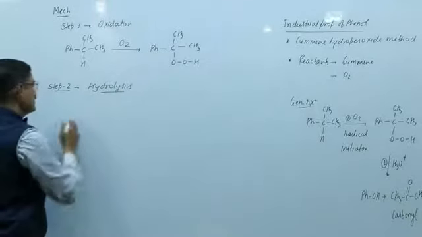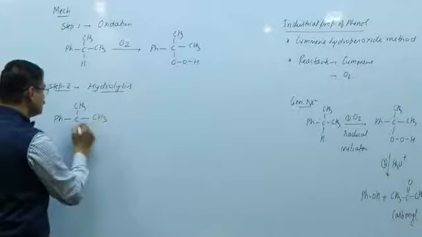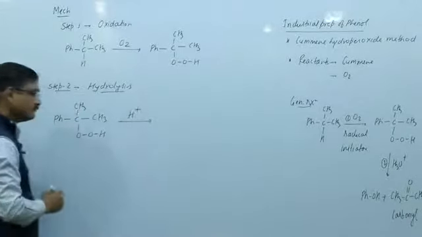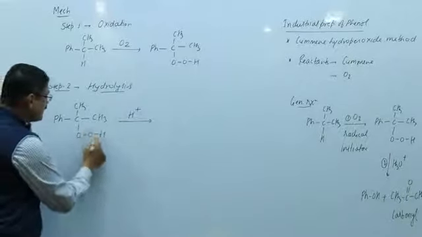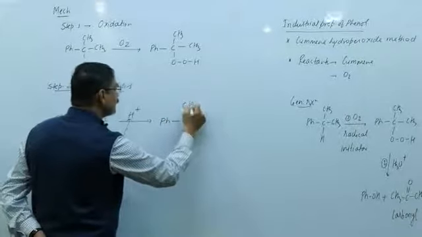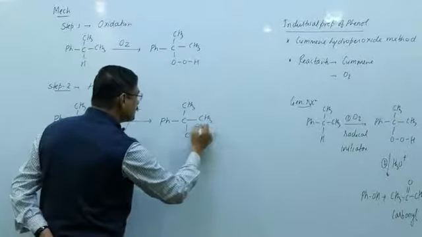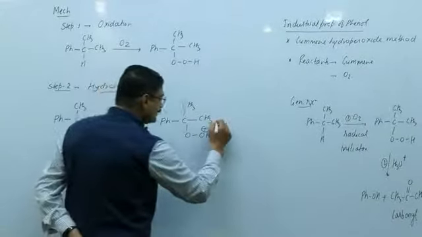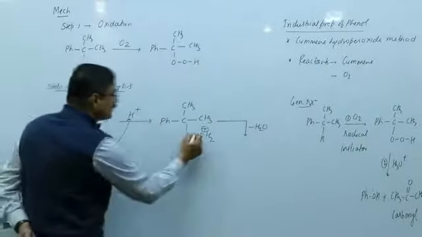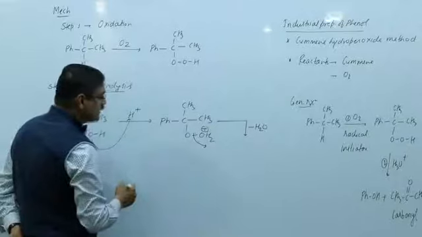So hydrolysis of cumene hydroperoxide. In acidic medium, oxygen gains the proton and the OH group is converted into a good leaving group, and this good leaving group is removed from this position, and as the group is removed, the other oxygen gets electron deficient.